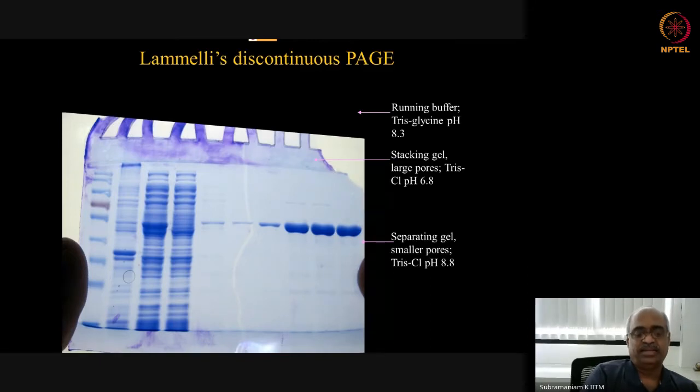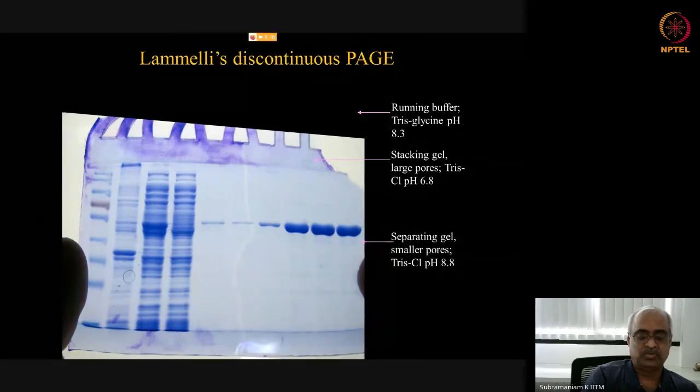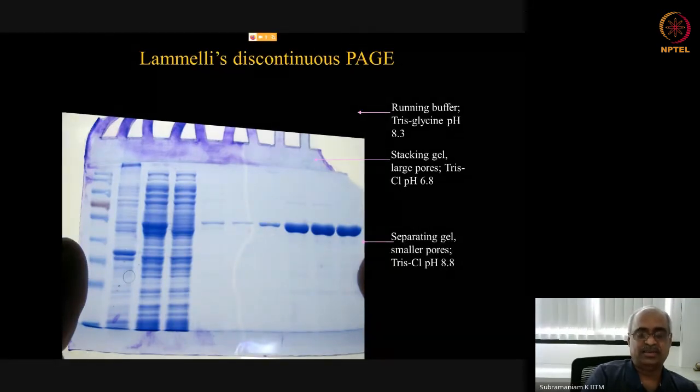I told you the sample, the mixture of proteins, is boiled in SDS, and therefore the protein is denatured, and then you have a certain number of SDS molecules bound to the protein, and the number of SDS molecules bound depends on the length of the polypeptide chain.